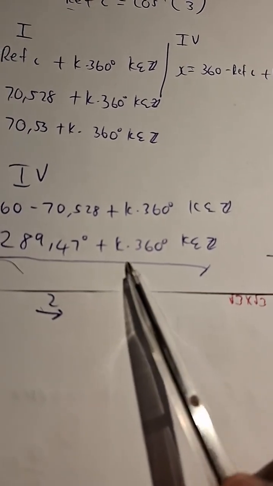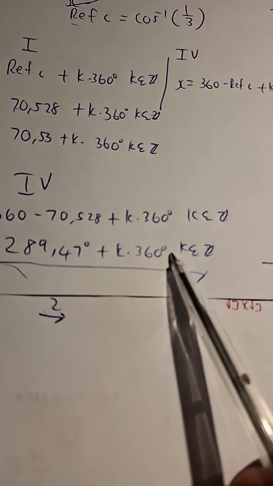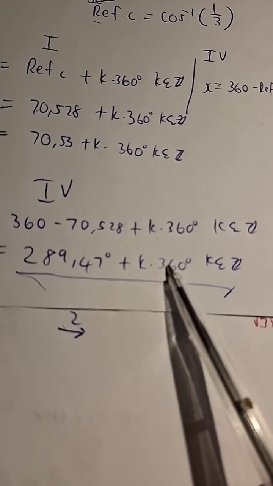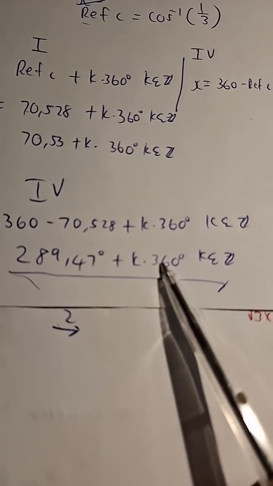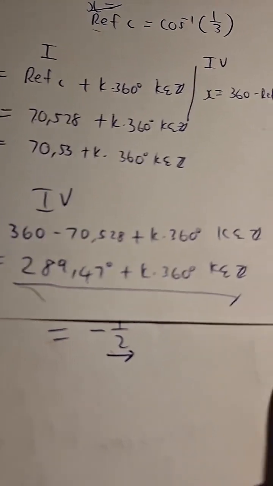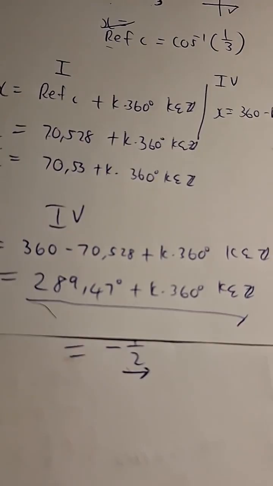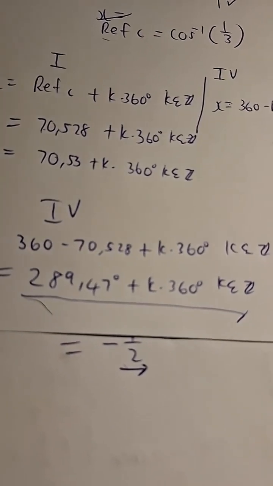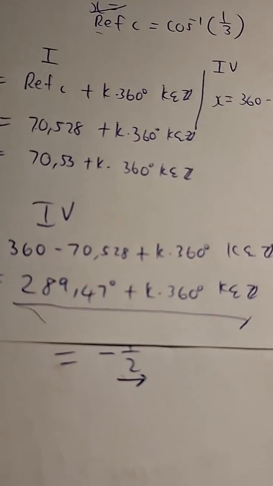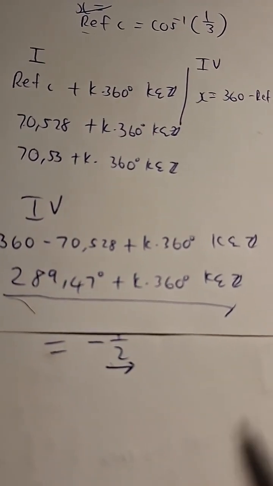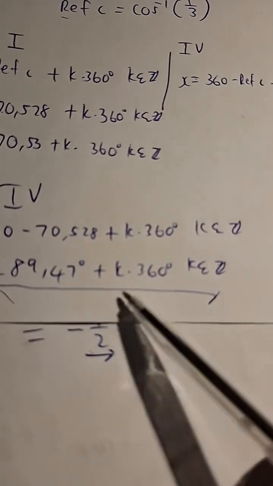And because we know that 360 is the period of the sine and cos graph, our sine and cos graph completes a full cycle in 360 degrees. It means the more we continue in the positive direction, we have a second cycle, a third cycle, a fourth cycle, a fifth cycle. And obviously, as we go on and on to more and more cycles, we are increasing more and more in the positive direction.